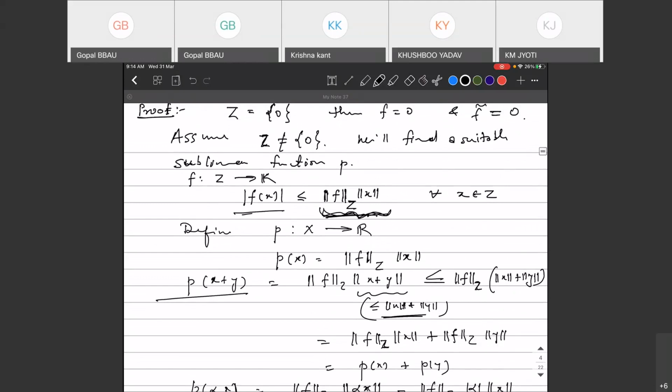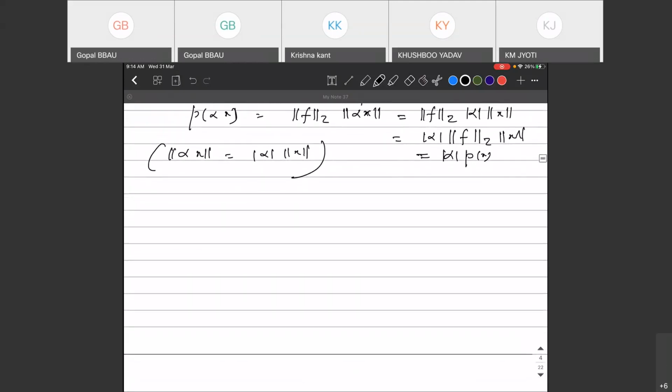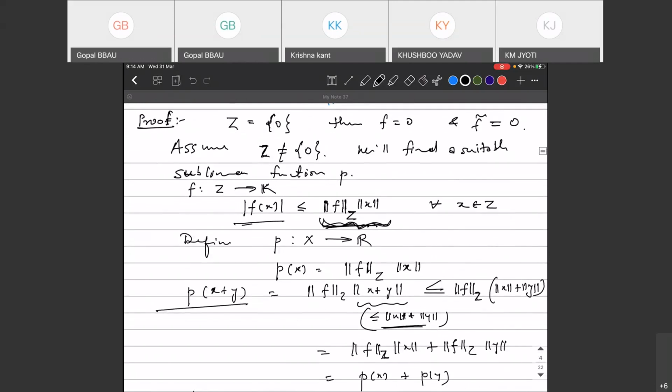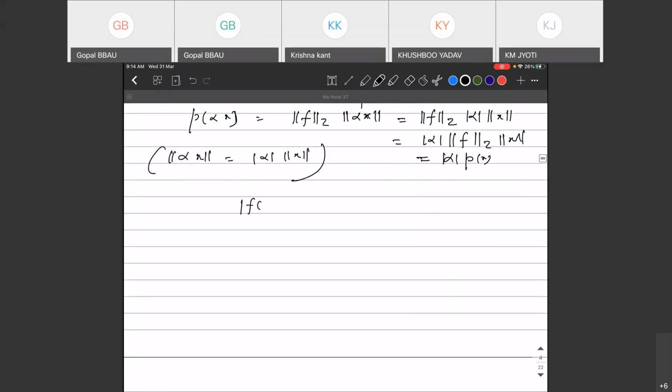Therefore p is sublinear. And from this we have mod of f(x) less than or equal to p(x) for all x in Z.